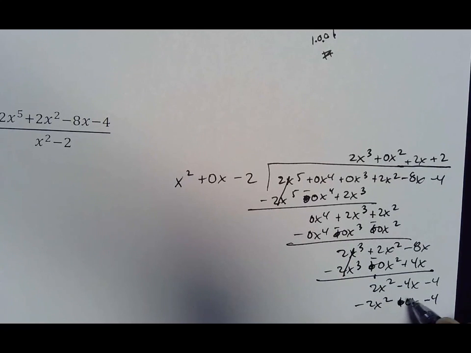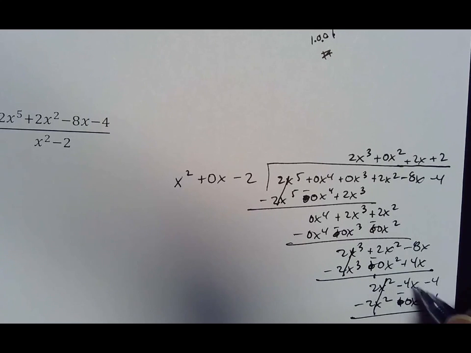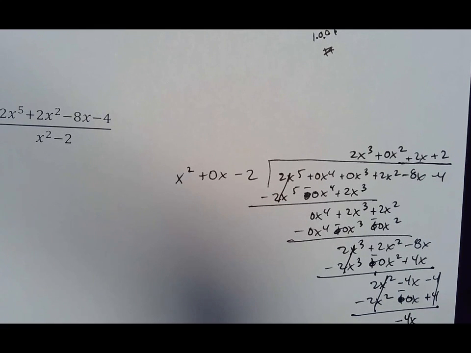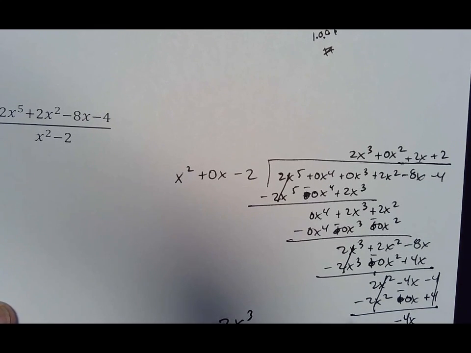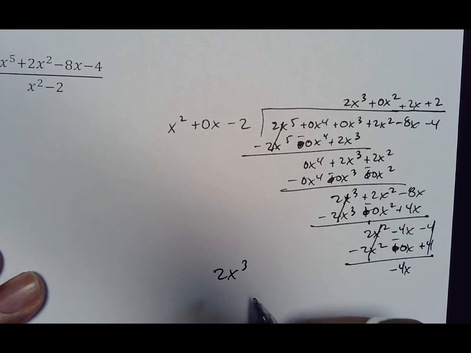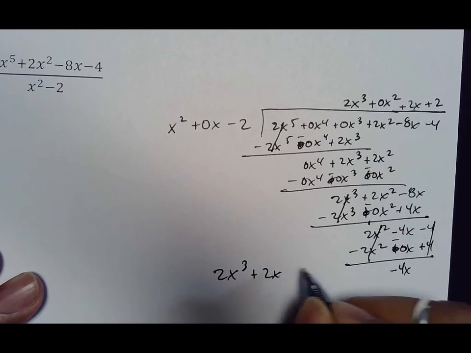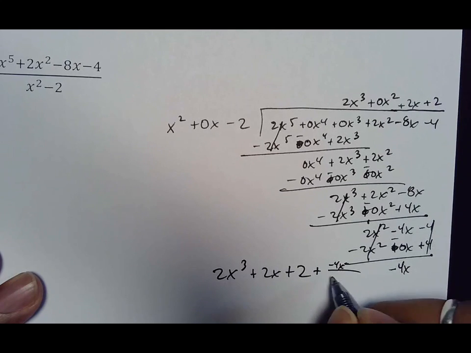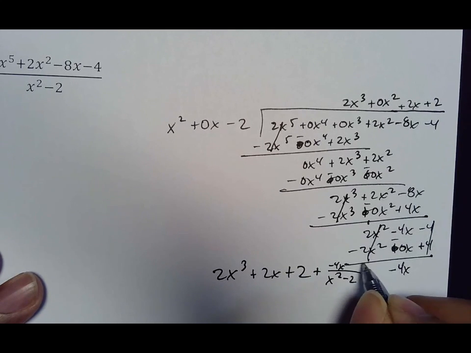When we switch it, this goes away. This leaves me with negative 4x, and this goes away. Which means my answer is 2x to the 3rd, plus 2x plus 2 plus negative 4x over x squared minus 2.